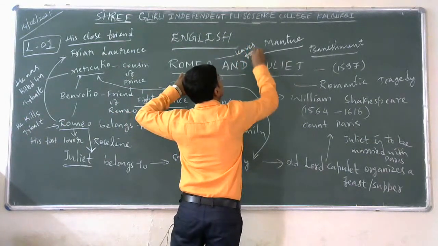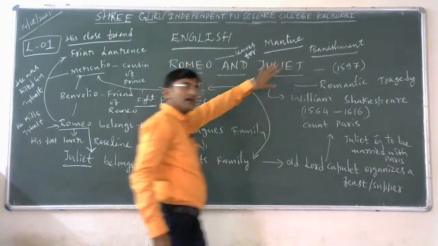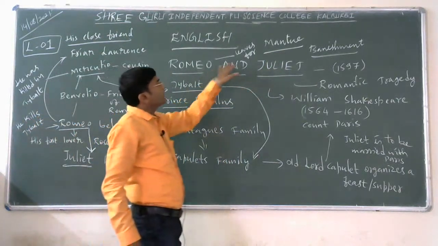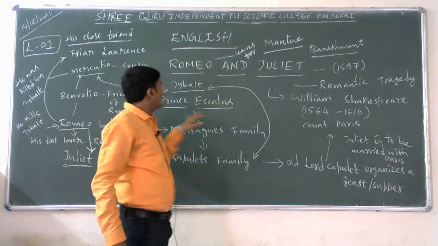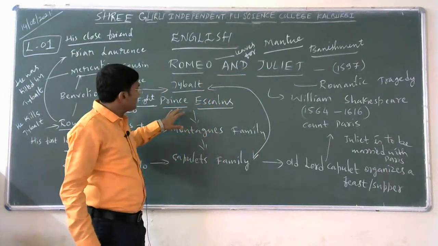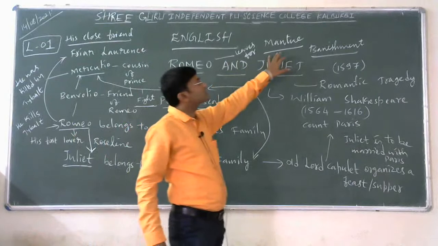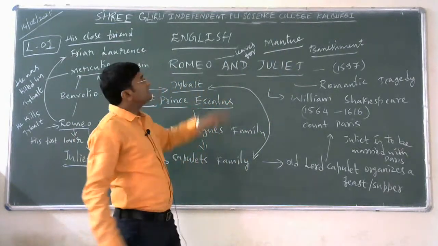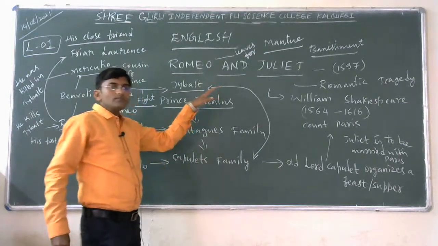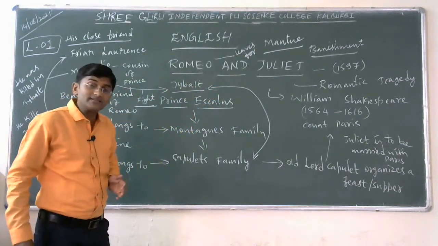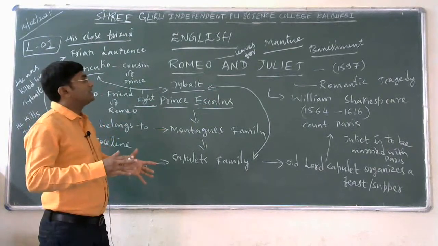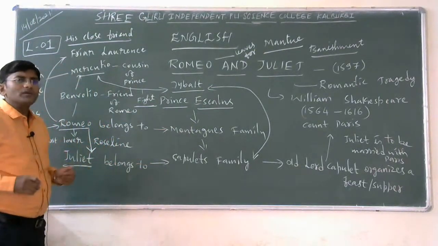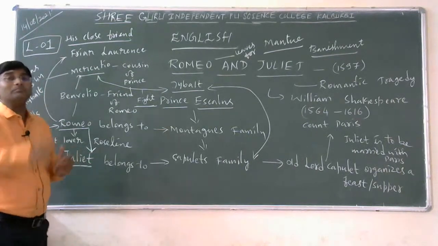Romeo leaves for Mantua, a neighboring city. When he was banished from the Verona city by the Prince, he leaves for Mantua and goes there. As he leaves for the other city, it was very difficult for Juliet to meet him and get him back.